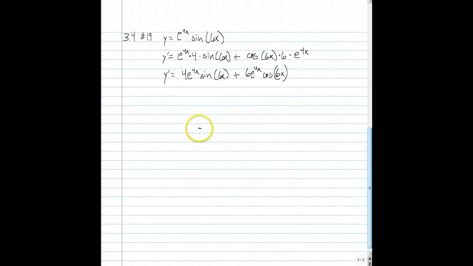So let's go ahead and find that second derivative. So y double prime. So the derivative of 4e to the 4x sine 6x. We actually had taken this derivative already, e to the 4x sine 6x, we just took that and it actually equals this entire result here.